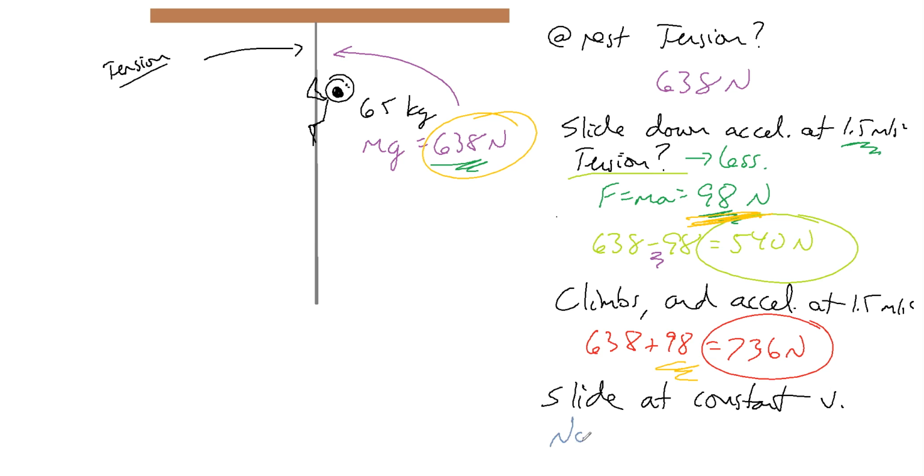So the tension would just stay at 638 newtons. In order to have more or less tension or force, you need to have more or less acceleration. So this is where you'd be sliding down at a nice constant velocity, no acceleration whatsoever that's extra. The tension would just remain at the 638.